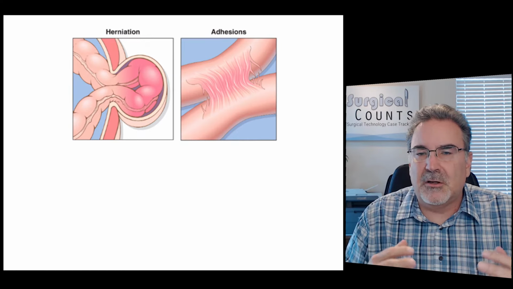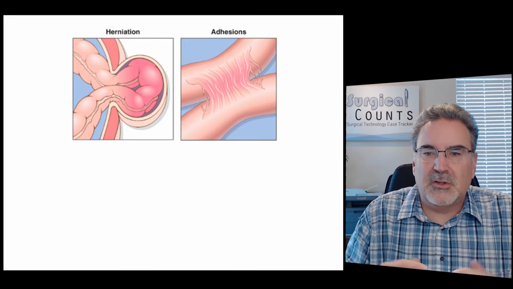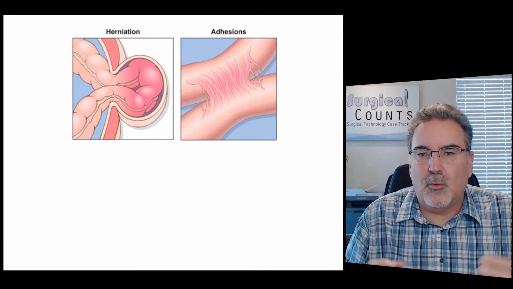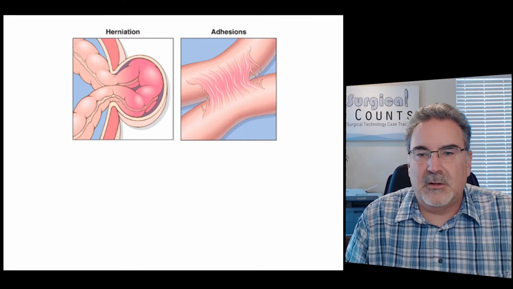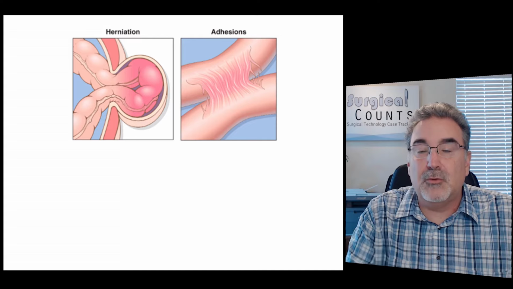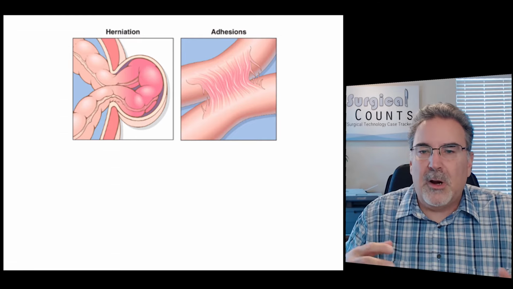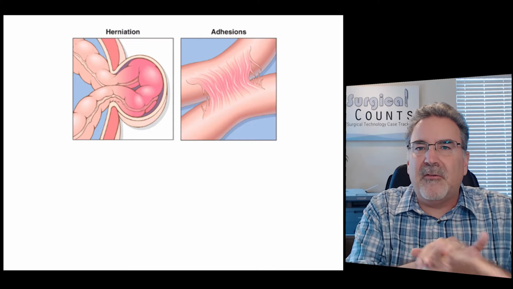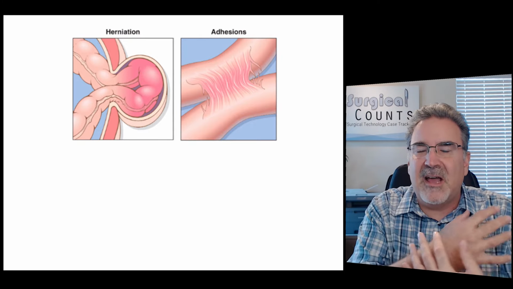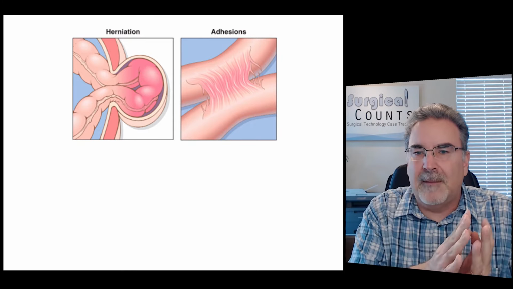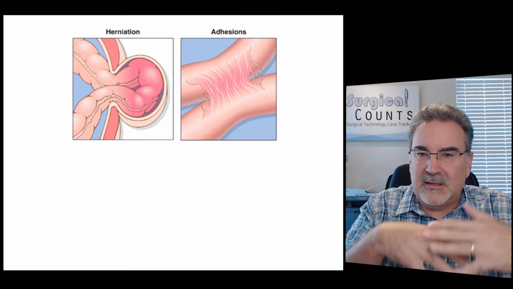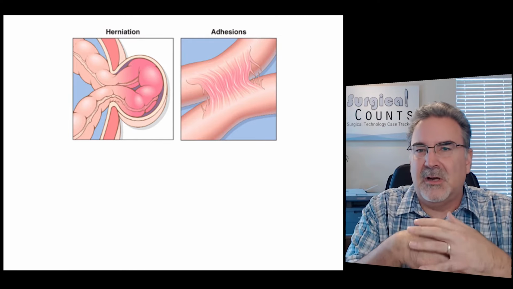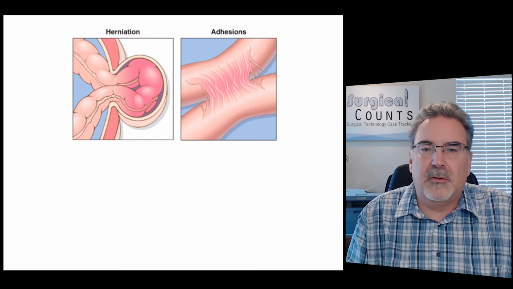So adhesions are scar tissue that grows across from one organ to the other, or from one part of an organ to the other, or from an organ to the abdominal wall, where these scar tissues attach. Now the organ that normally would slide around and be more comfortable can't do that anymore because it's stuck, and that makes for an uncomfortable situation for the patient.